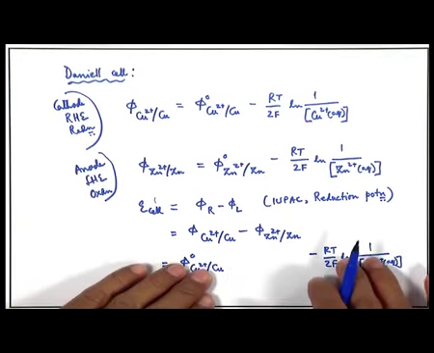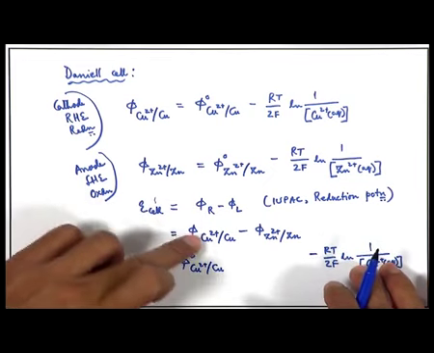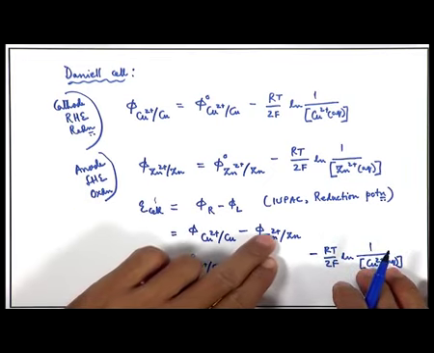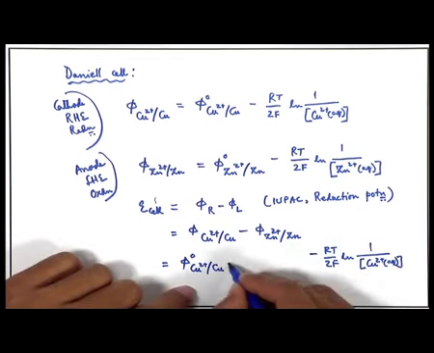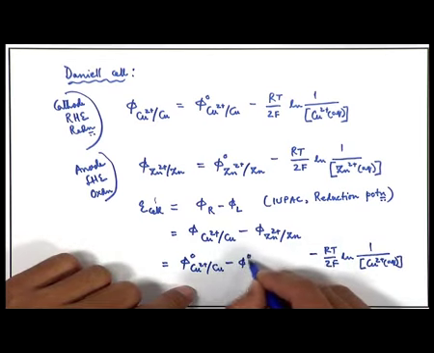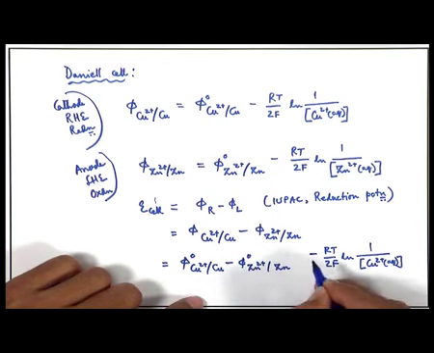So, this gives you this one, minus this one, means minus phi naught Zn2+|Zn.